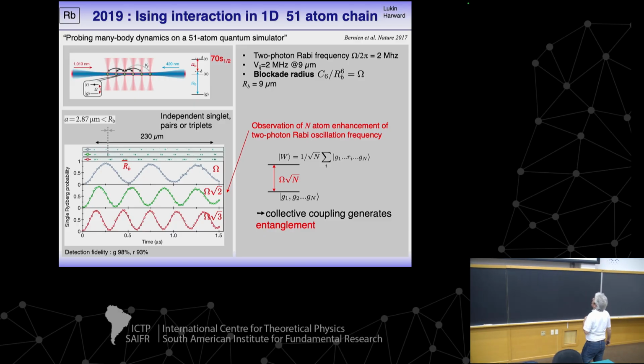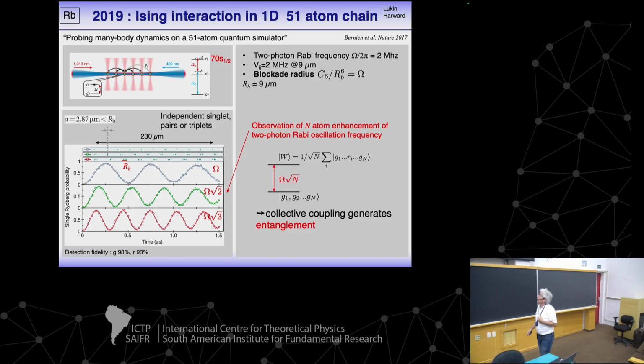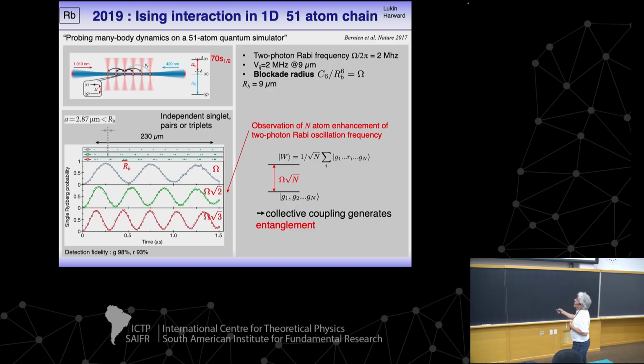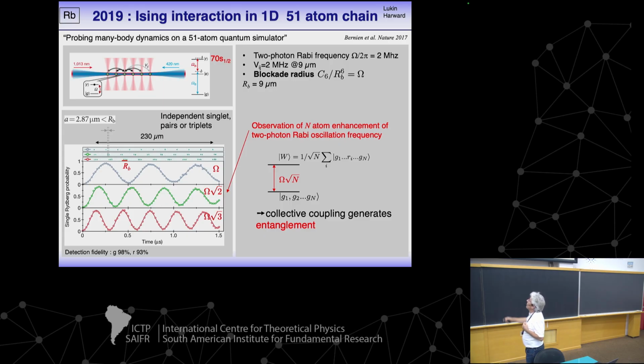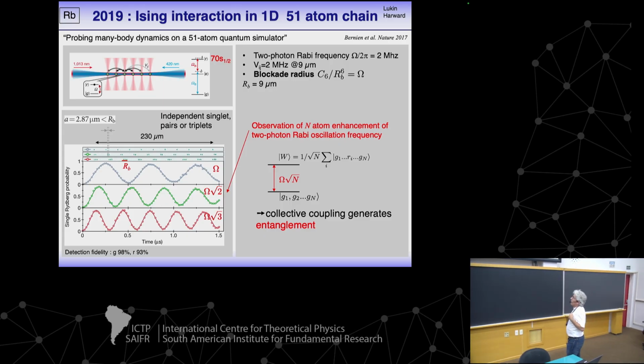And what you expect is that when you have a single atom, you observe the single-atom Rabi oscillations that you observe with any two-level system submitted to a laser. With pairs of atoms, the distance is smaller than the dipole blockade radius I already introduced, and they performed this experiment with a bit less than 3 micrometers between the atoms.